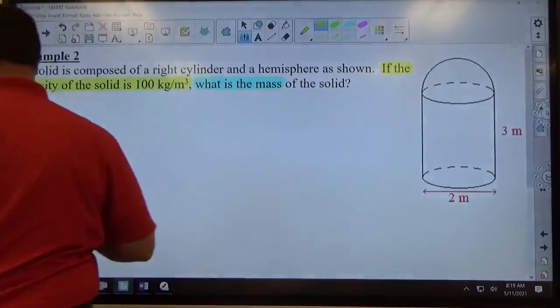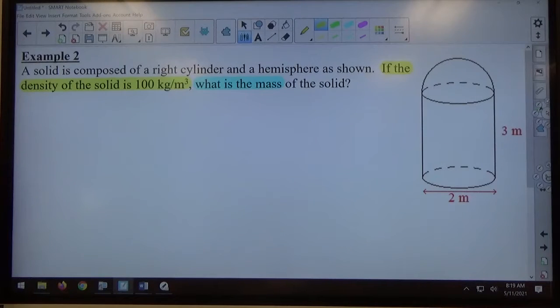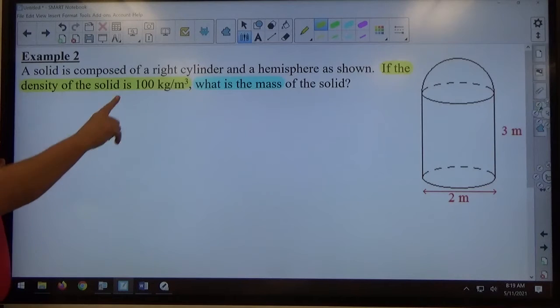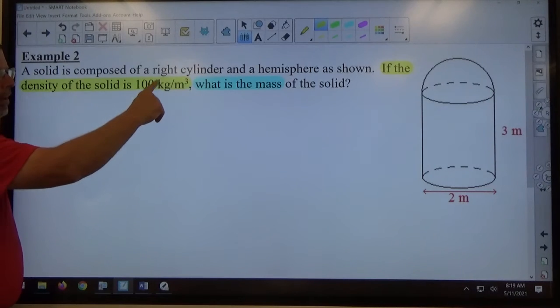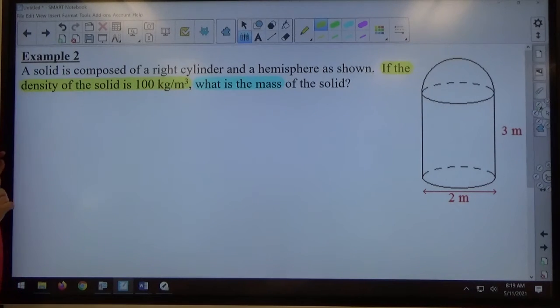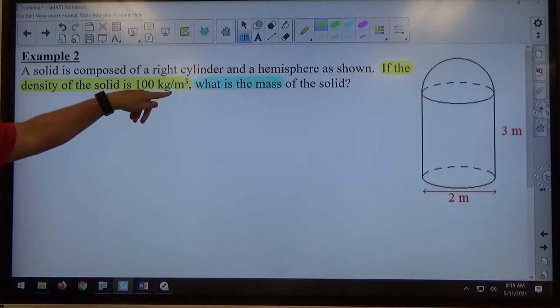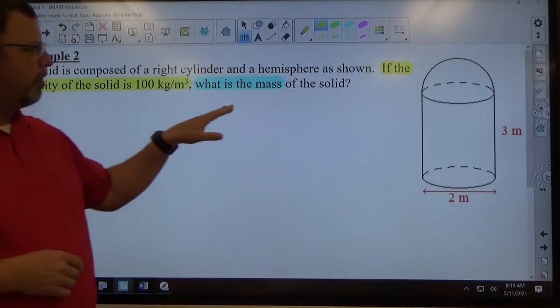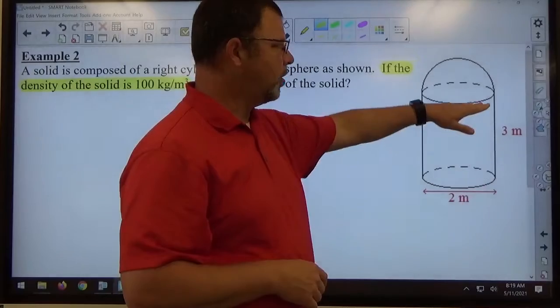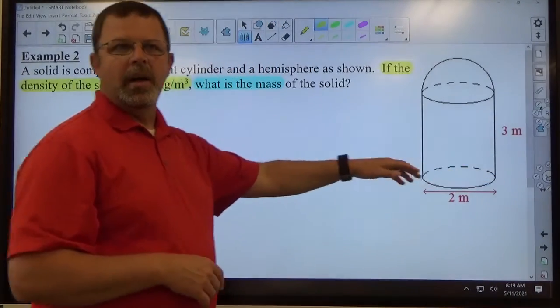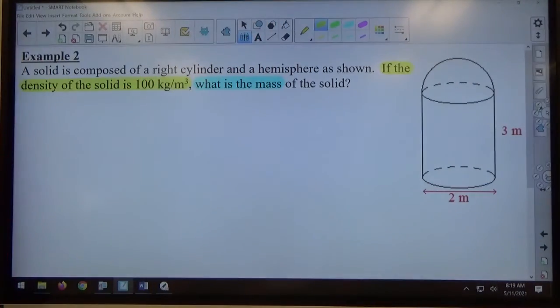Density typically has to do with mass or weight per volume. So anytime you see a density, it's usually some amount of mass or weight over volume. So if I figure out the volume of this object in cubic meters, I can then use my density to get the correct answer.